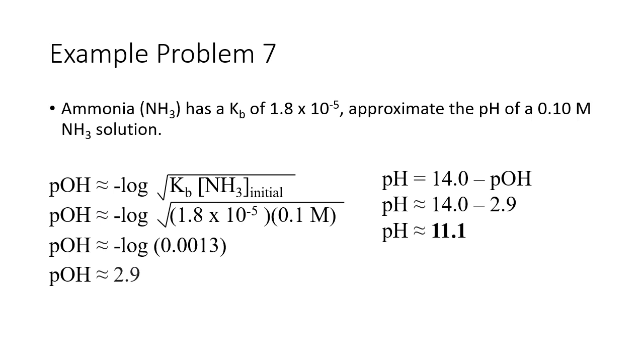Running that through the calculator one last time gets us a pH of approximately 11.1. If we were to do a quick Google search of the pH of ammonia at a concentration of 0.1 molar, we would find that the pH should be right around 11.3. So we know our approximation is pretty close, within a few decimal points.